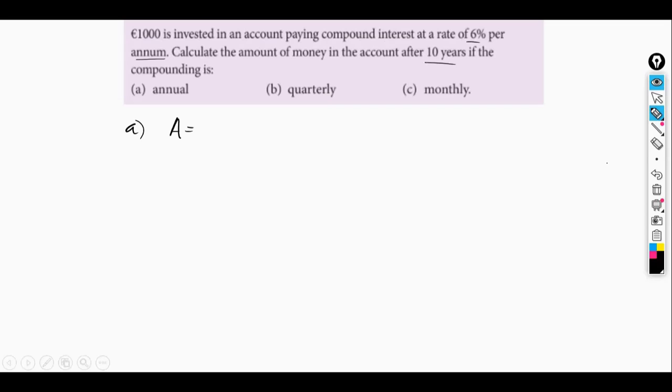It's just going to be the initial amount, 1,000, times 1 plus the rate, which is 6%, that would be 0.06. And because it's 10 years, this would be to the power of 10. So this is going to equal, in euros, 1,790.85.